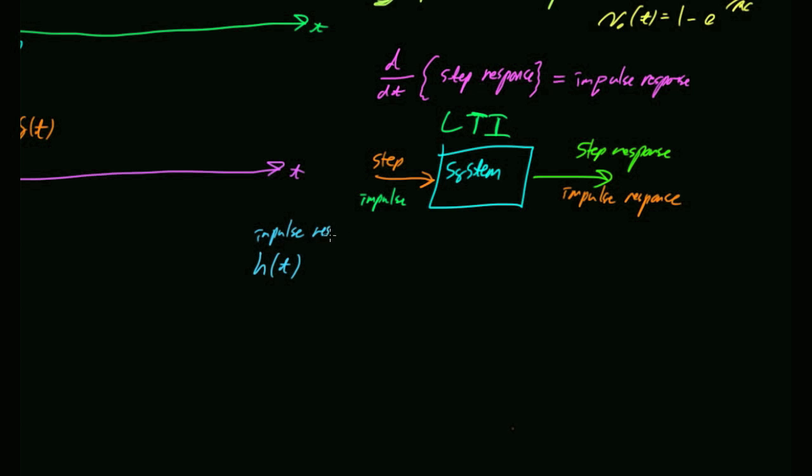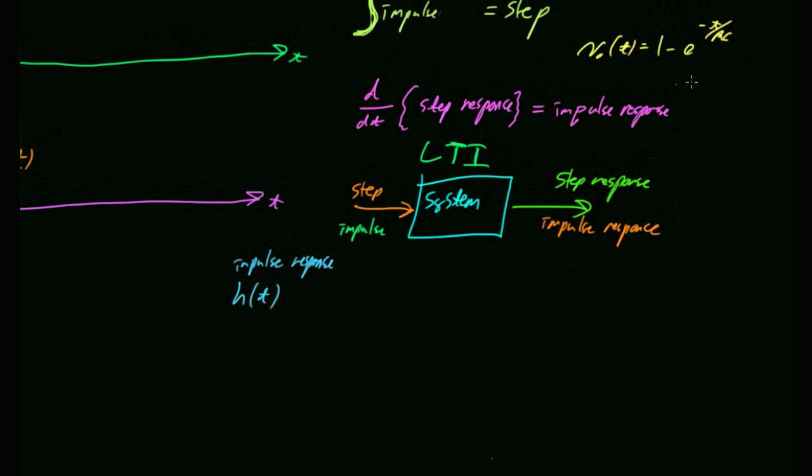We're always going to agree that h of t will always be the impulse response. So how can I get my impulse response? Take the derivative of the step response. So that's going to be d/dt of 1 minus e to the minus t over RC.